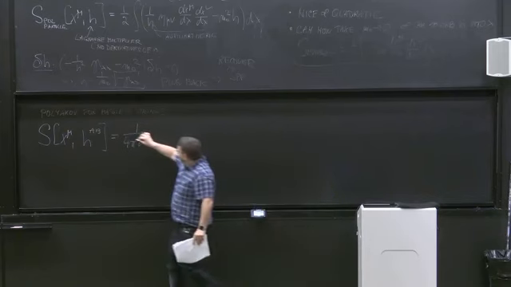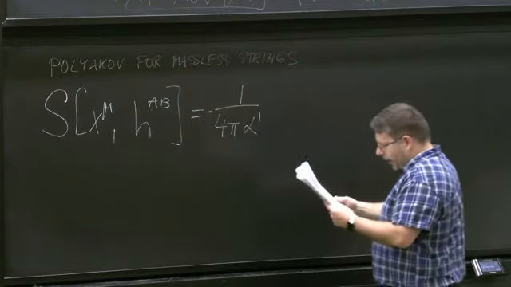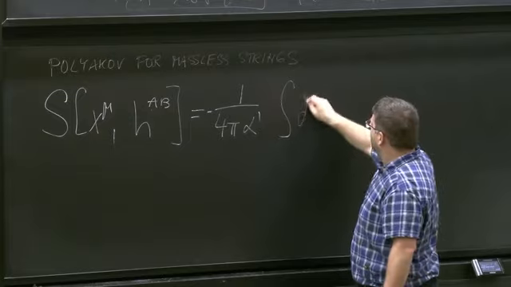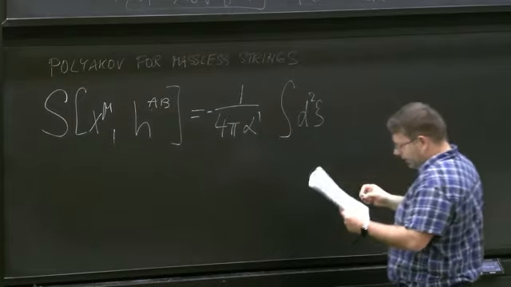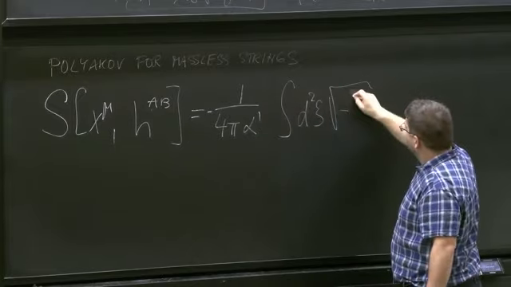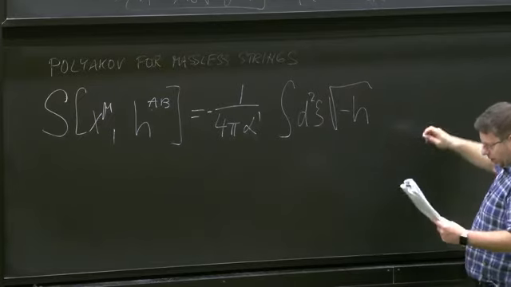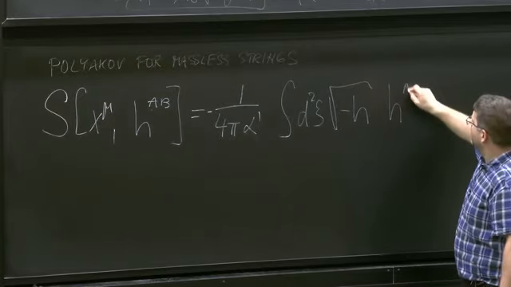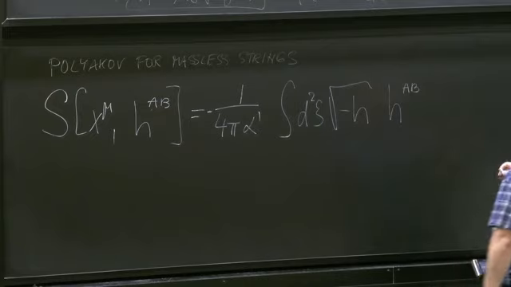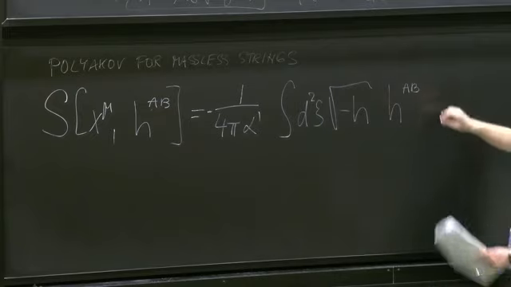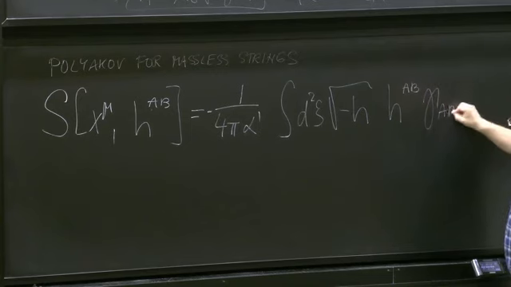There's a minus sign. And then the integral d squared psi, square root of the determinant of this auxiliary metric, and then h^AB gamma_AB. Okay, how did I come up with that?